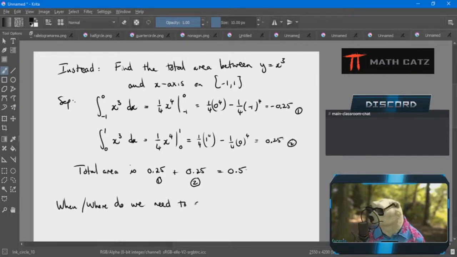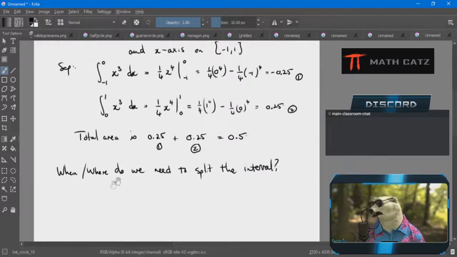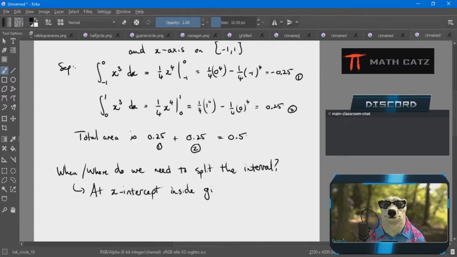Do we need to split the interval when I have an x-intercept inside the given interval? So that's always going to happen.